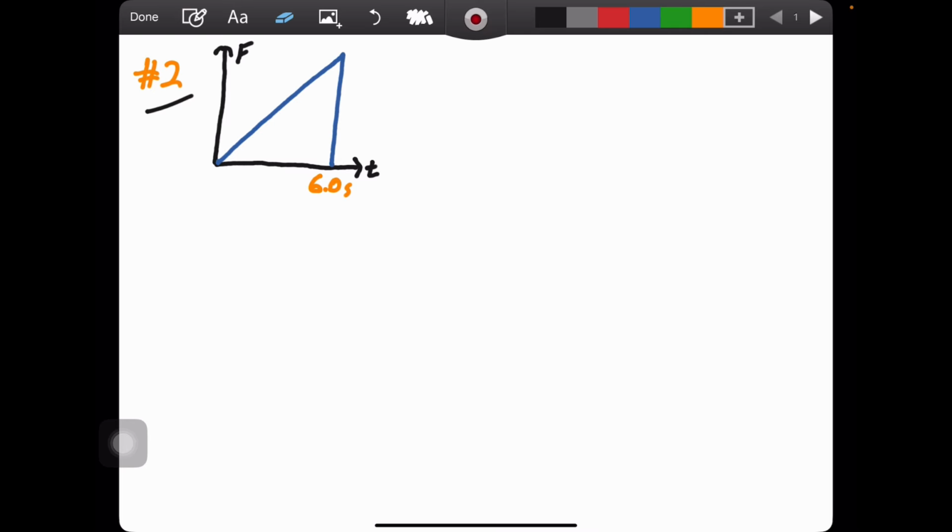So it looks like the force starts out at 0 and ramps up to 9,000 newtons over a time span of 6 seconds, and then it drops off. That is represented by this straight line, going from 0 to 9,000 over 6 seconds.